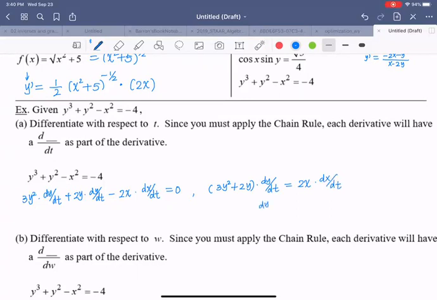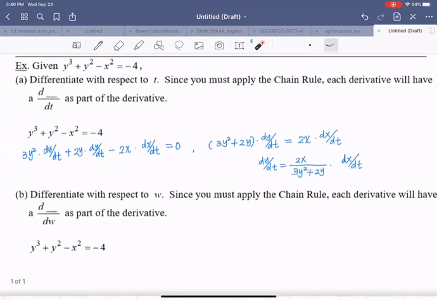So dy over dt equals 2x over 3y squared plus 2y times dx over dt. Well, this is typical related rates. They tell you the dx over dt and want you to calculate the dy over dt. This is the way to calculate dy over dt when given dx over dt. That makes sense? Yes.